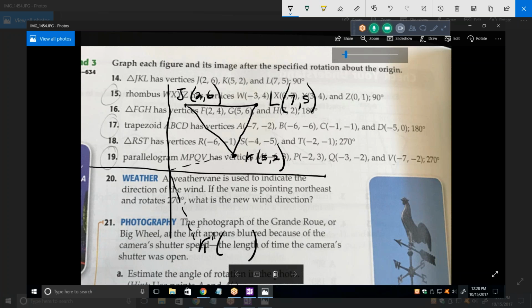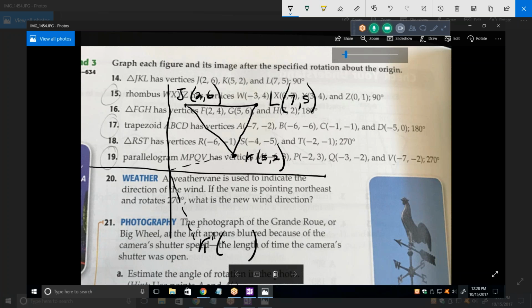So this is not 180 degrees, so you can't just make both signs opposite. They are the same numbers always. No matter what the degree rotation, the numbers don't change. So the X coordinate is either plus 2 or plus 5. What does it look like?